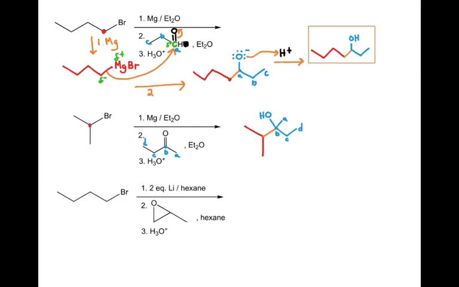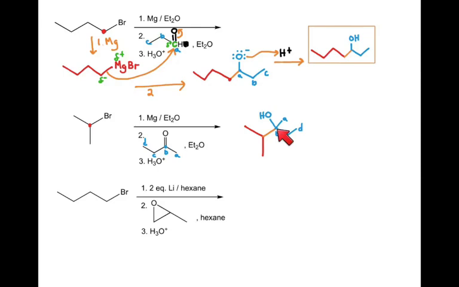Okay? So sometimes you need to go through the mechanism, but other times you're just asked to predict the product. So what we see here is we identify the nucleophilic position, we identify the electrophilic position, we form a new bond between those.